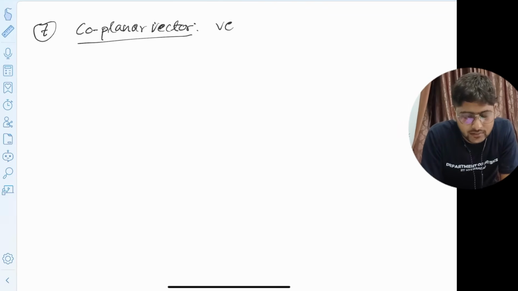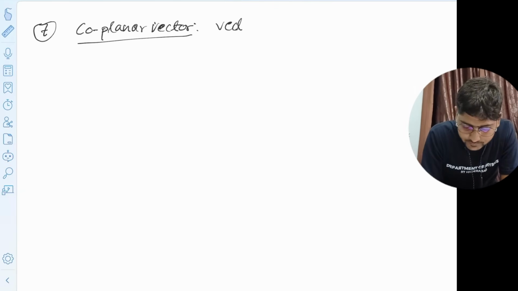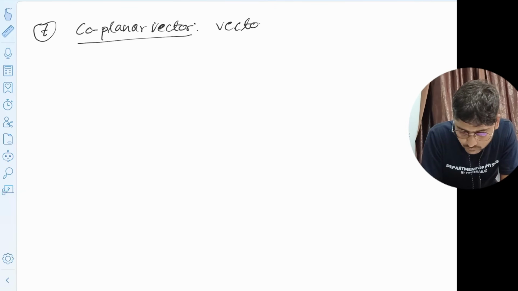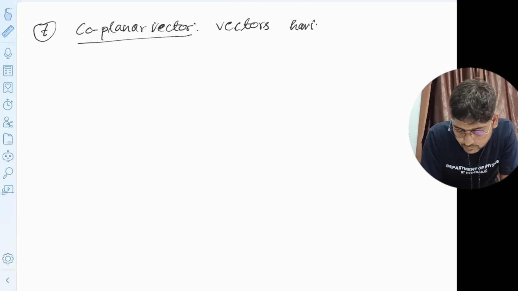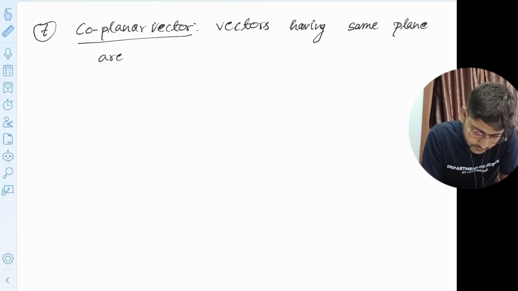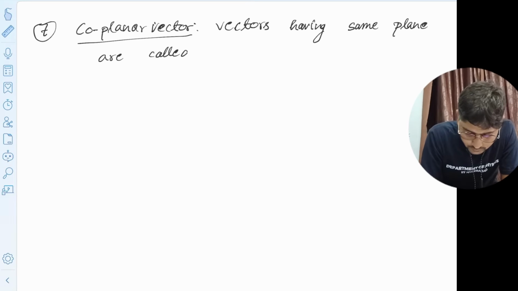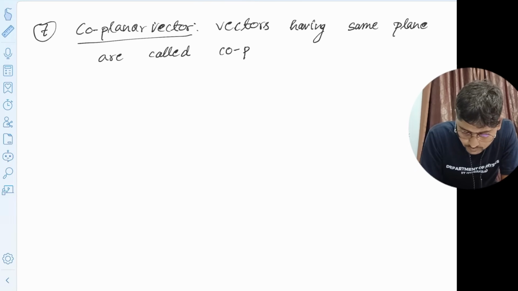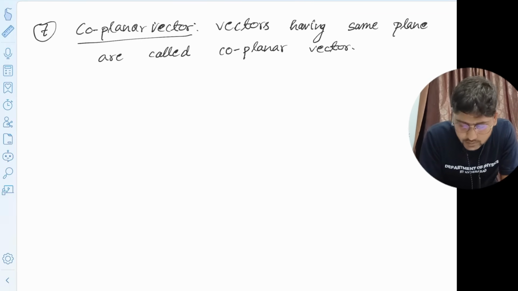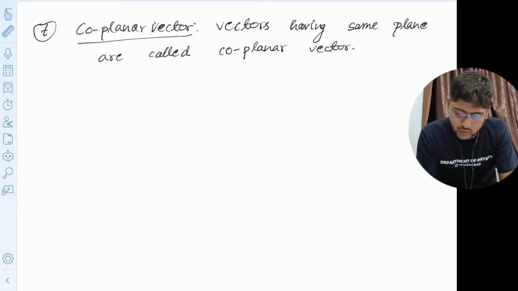Vectors having the same plane are called coplanar vectors.